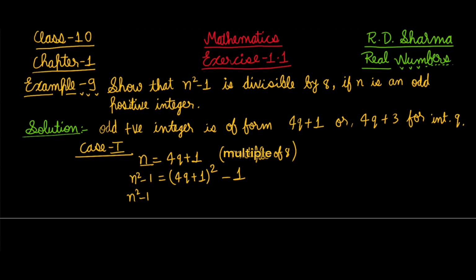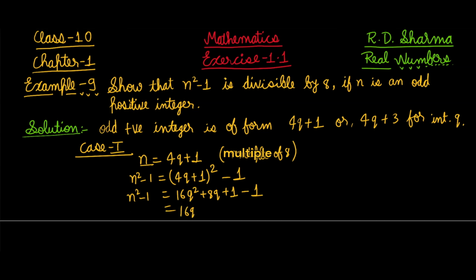So n square minus 1 is equal to 16q square plus 2 into 4 is 8q plus 1 minus 1. So we will get 16q square plus 8q.